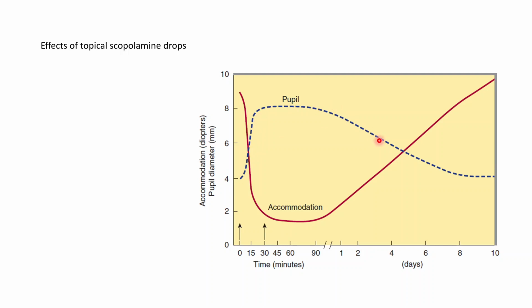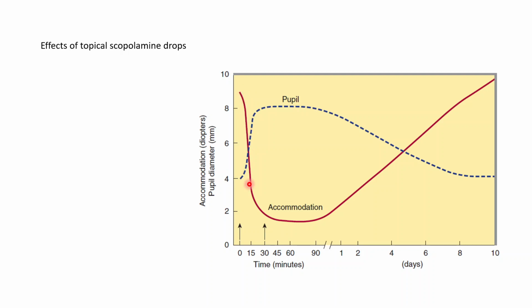But the second important ocular effect is cycloplegia, because of the contraction of the ciliary muscle, and cycloplegia results in loss of ability to accommodate.